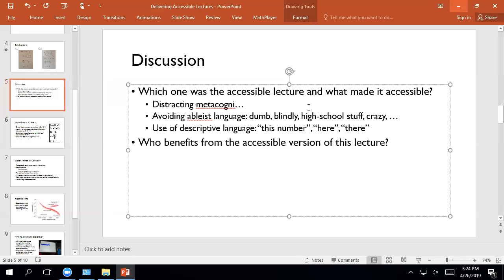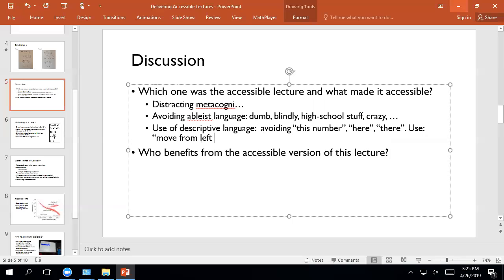Those types of expressions are not descriptive enough, and we would be avoiding those. So the descriptive language sounded more like, give me one example of that. Isolate X. All right. Something else? Move the negative number from the left to the right.